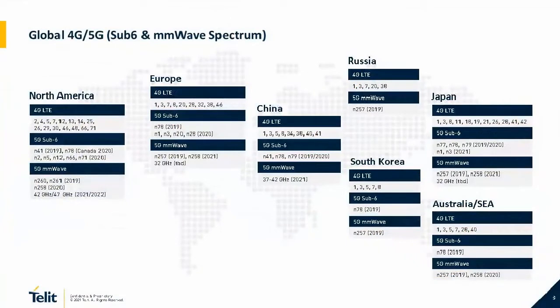And globally, there is a combination of 4G and 5G bands, and you see here kind of by geography what they are. Whenever you see the letter N in front of the band, that denotes 5G, and sometimes you'll see LTE and 5G in the same bands, and that is all part of the madness.